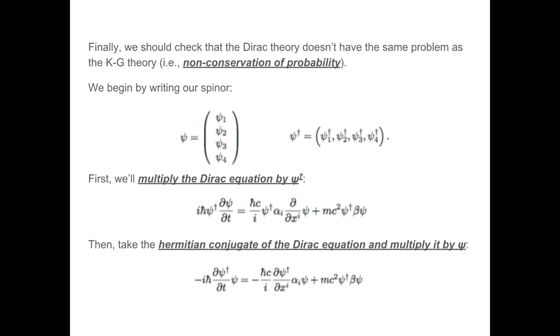All right, so we've got a theory that's manifestly Lorentz invariant, which means it obeys special relativity. What we want to check now is if we're screwing up the conservation of probability, like we did for the Klein-Gordon equation. So we do basically the same thing. We take the Dirac equation and multiply on the left by psi dagger. We take the Hermitian conjugate of the Dirac equation and multiply it by psi.